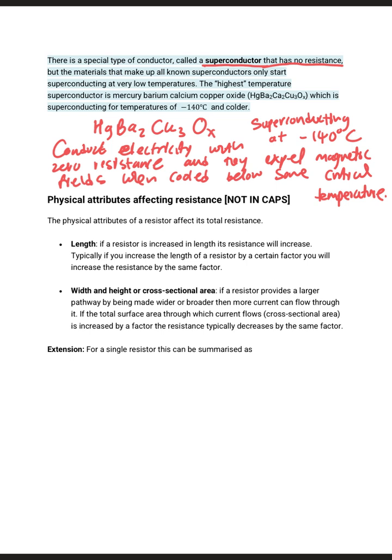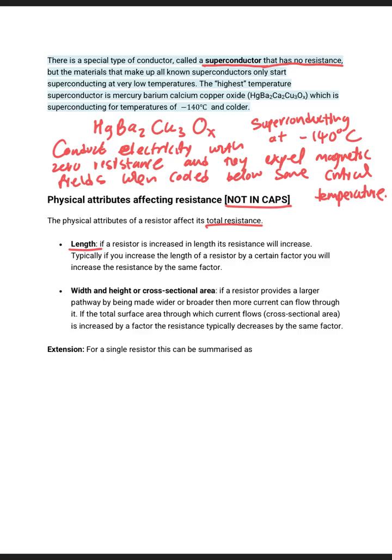And then the physical attributes affecting resistance. This is not in caps, meaning this is not part of the syllabus, but it's good for knowledge, right? The physical attributes of a resistor affect its total resistance, and those are length. If a resistor is increased in length, its resistance will increase.